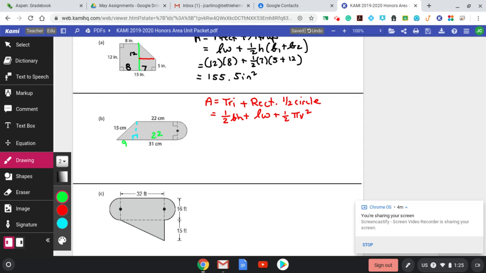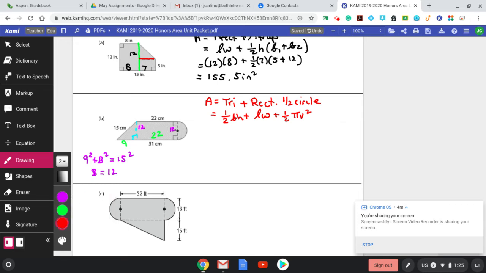How am I going to be able to find that? Pythagorean theorem. So let's do that off to the side right here. I got 9 squared plus my missing side, I'll call b squared, equals 15, the hypotenuse squared. You guys go through that. B is equal to 12. So I got 12, which means over here is going to be 12 as well. I think we got enough info to fill everything in here.